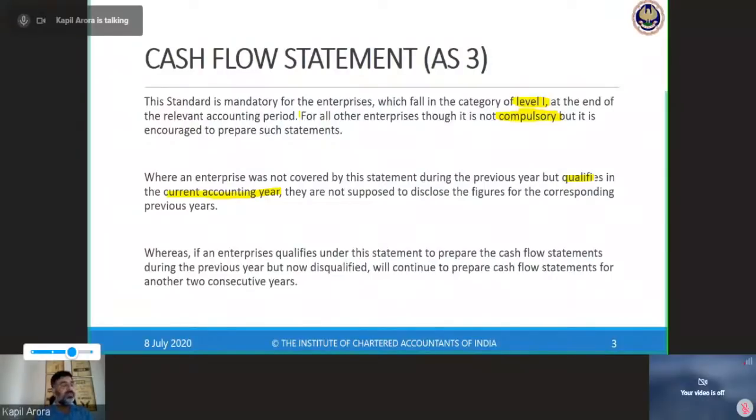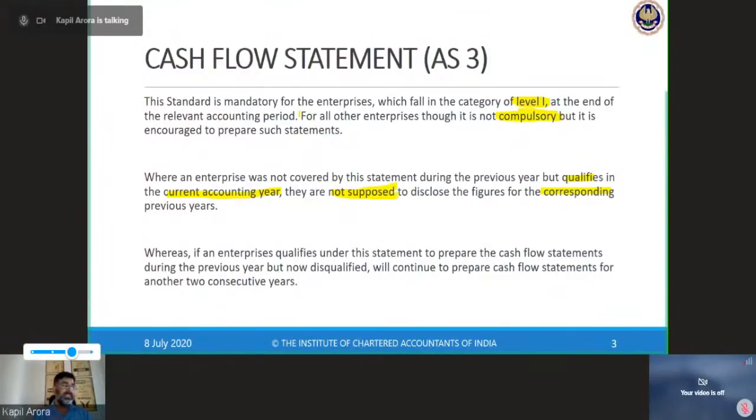So what they need to do? They won't get any further exemptions from cash flow statement. They have to prepare cash flow statement from this year onwards. But they still have the relaxation that for comparison purpose, the corresponding numbers of previous year, they are not required to disclose.